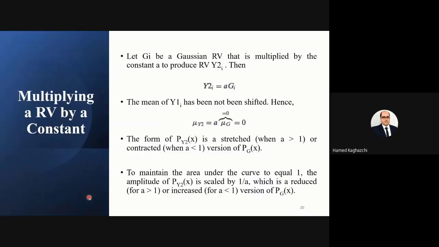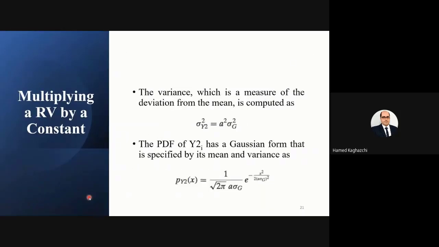So what happened in this case? In this case, my variance will change from sigma squared to A squared times sigma squared. And my probability density function is changed like that. And also I will have a change in the variance of the probability density function.